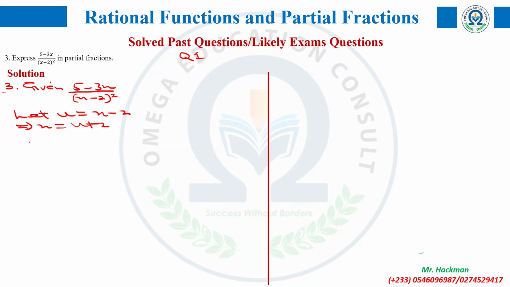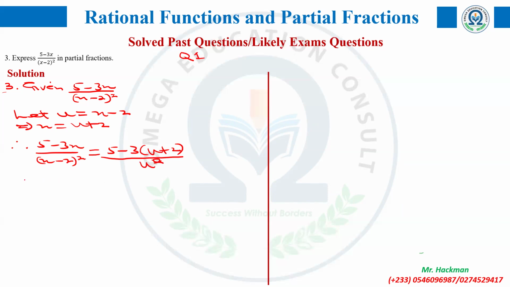Therefore, (5 minus 3x) over (x minus 2) all squared is equal to 5 minus 3 into bracket u plus 2, all over u squared. Perfect.